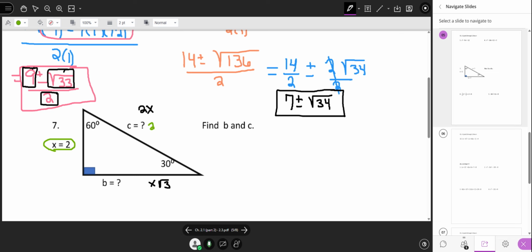So 2 times 2 is 4. 2 square roots of 3 doesn't clean up. And that's all there is to number 7. So number 7 isn't really anything.